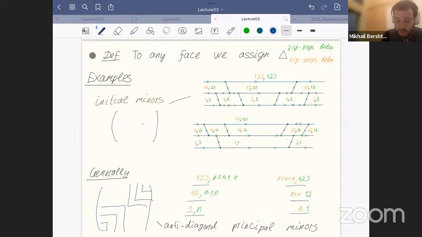You take some element, go by diagonal till you meet the border, and take the corresponding minor. So these are minors which are first of all solid: the set of rows makes a segment, the set of columns makes a segment, and they cannot be moved in this direction.